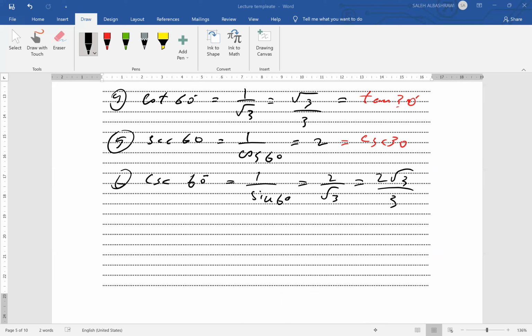For example, sometimes we are going to find the sine multiplied by cosine or something different, maybe. Let's see this example. Let's find exact value for some expressions.